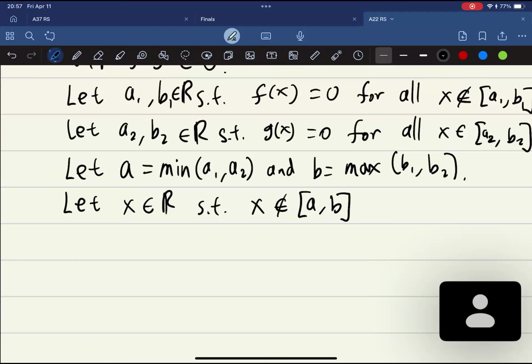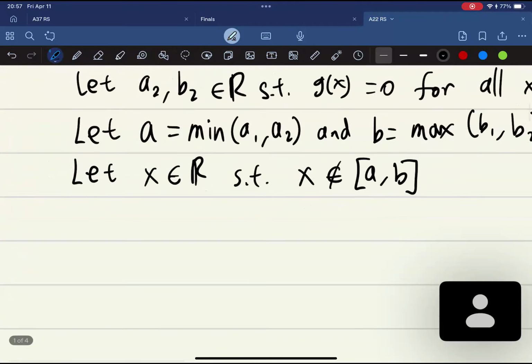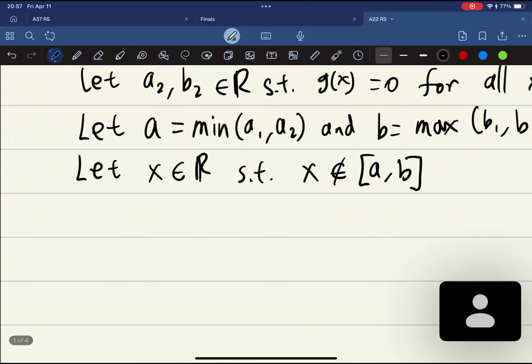Here you can make a couple of different arguments to prove our point, but I'll divide by cases: x less than a or x greater than b.